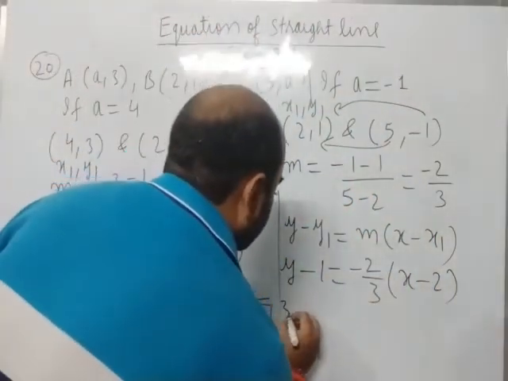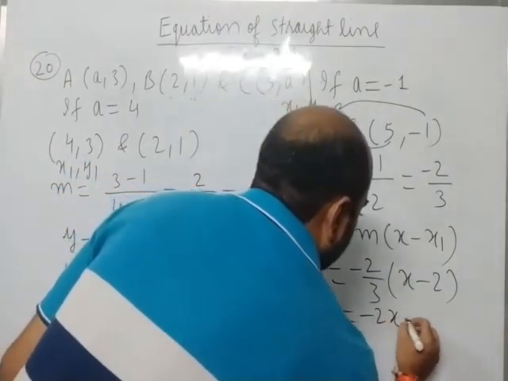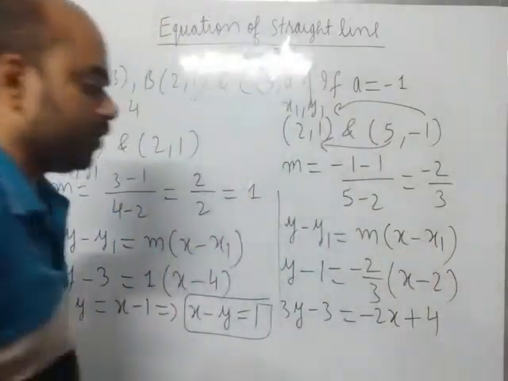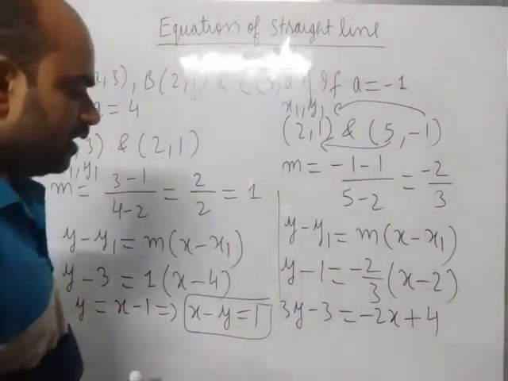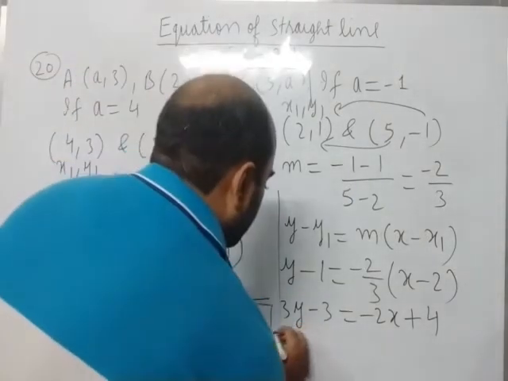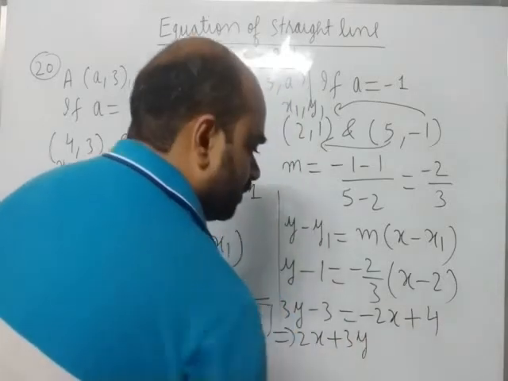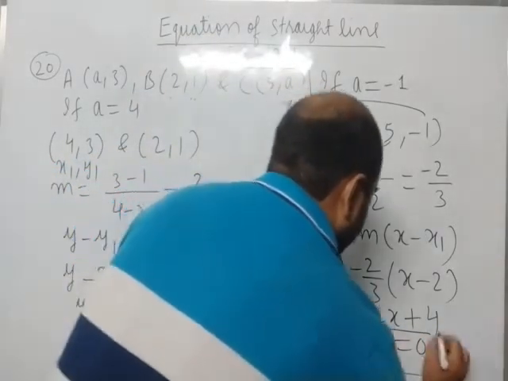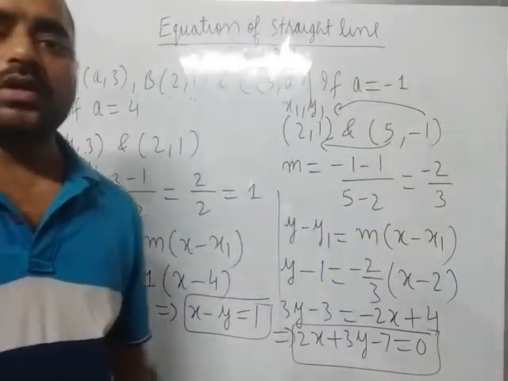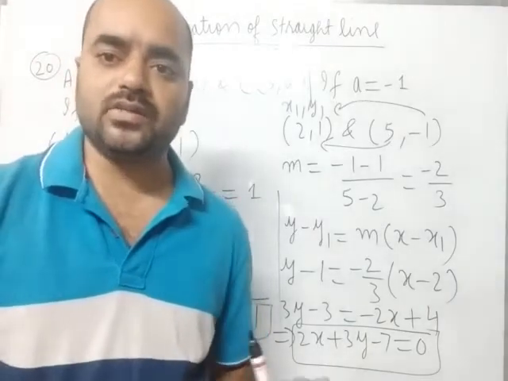Finally this will be 3y minus 3 equals minus 2x plus 4. Then the final equation will be 2x plus 3y minus 7 is equal to 0. Understood?